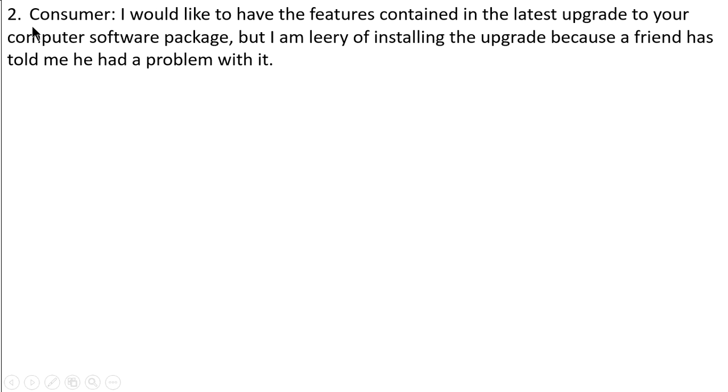Coming to question number 2, a consumer says, I would like to have the features contained in the latest upgrade to your computer software package, but I am leery of installing the upgrade because a friend has told me he had a problem with it. Now, what is the consumer saying?